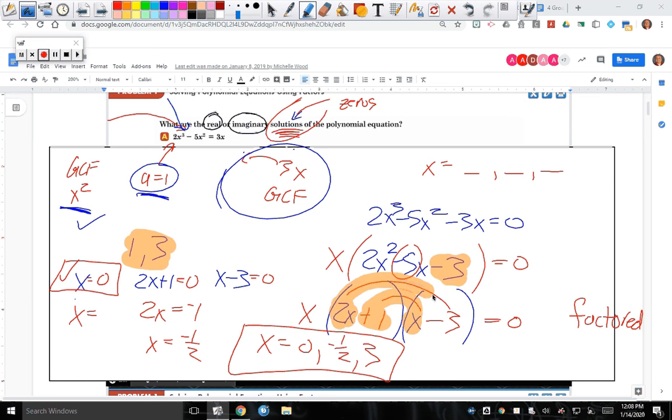Right here I have a negative 6. And adding those together would give me that negative 5 that I needed. So if I set each one equal to 0 and solve, that's how I got these 3 root solutions, zeros or x-intercepts.